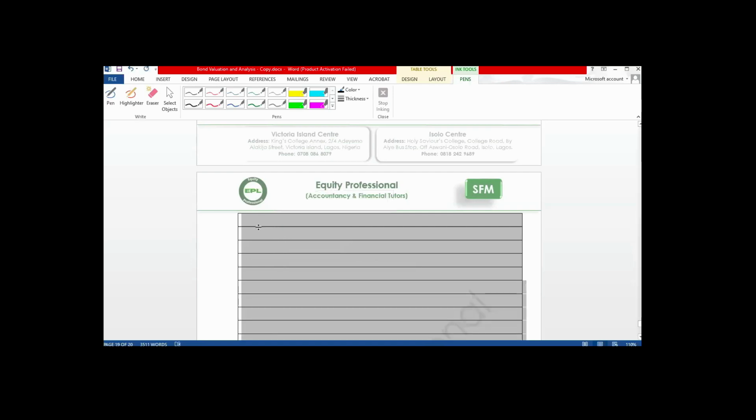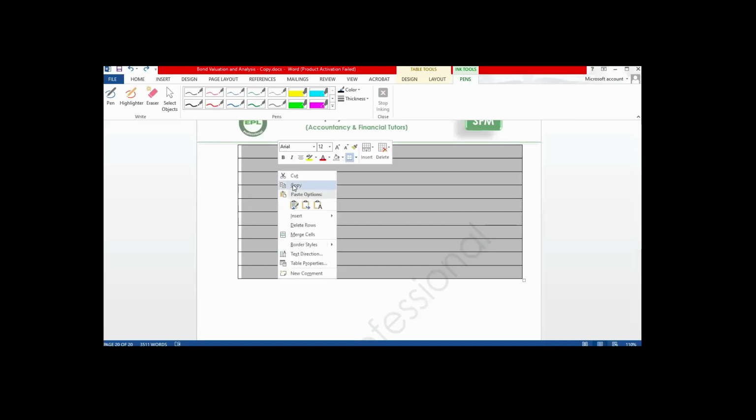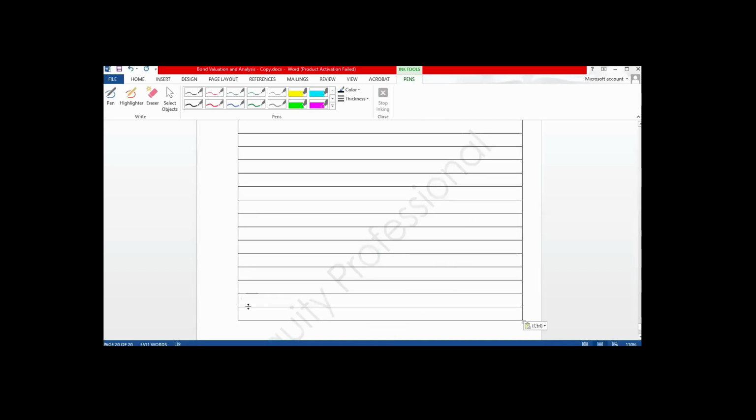Please just allow me, let me do more space. If I can copy it. Okay. Paste. Let me do more. Paste.